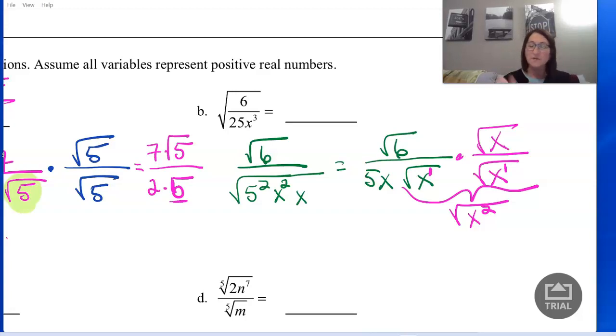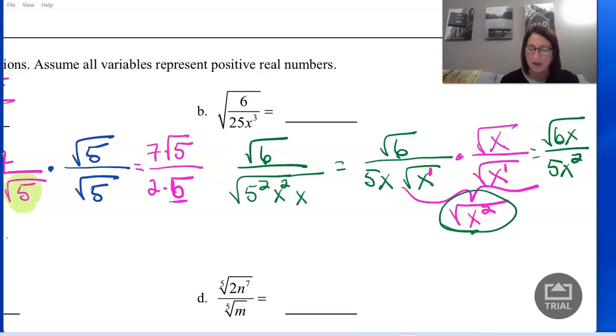So then this becomes the square root of 6x over 5x squared. Where did the x squared come from? That's because this pink one became x, and we already had one there. That's where it came from.